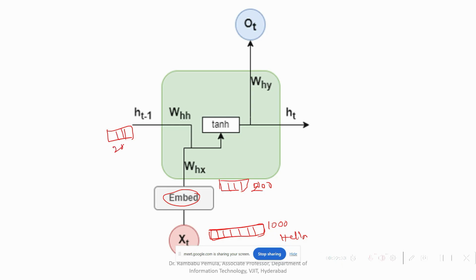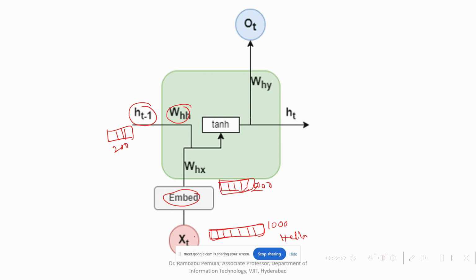Now we multiply HT minus 1 by the corresponding weight value. For everything there are weights. After reading the input, the English characters are converted into numerical values, and that word is converted.